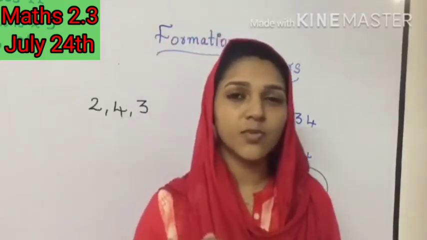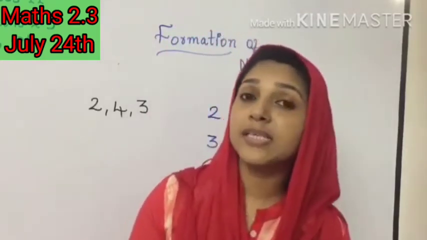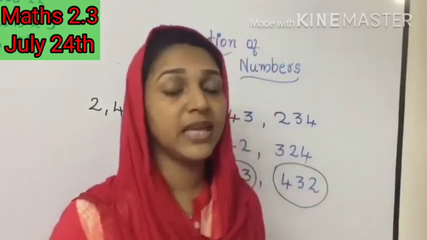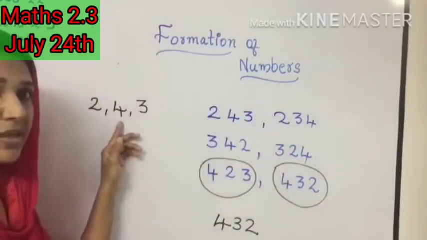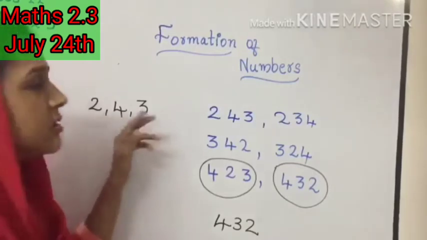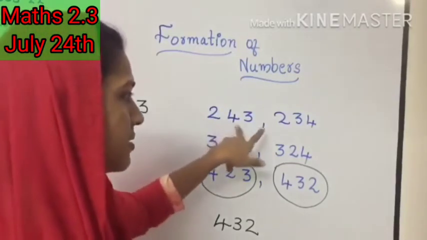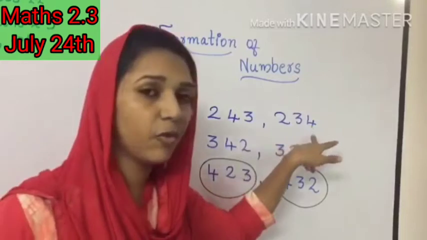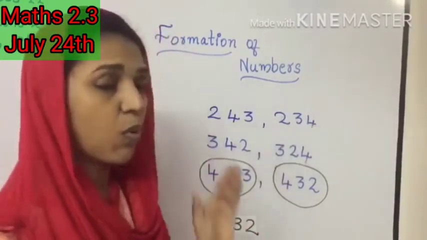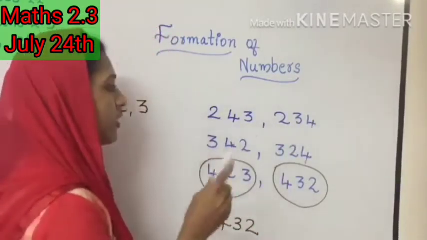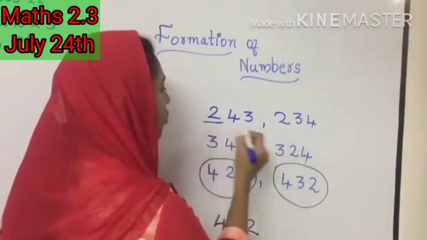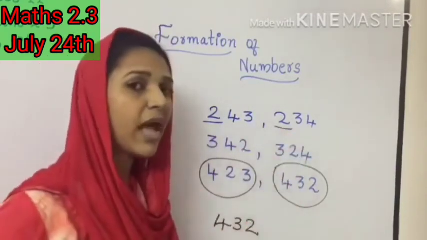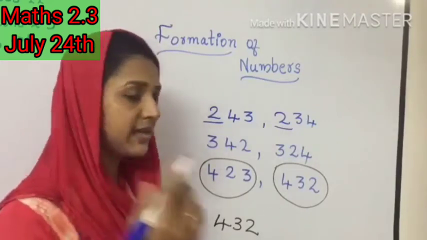Now, which is the smallest number? Smallest number will start with the smallest digit. Which is the smallest digit among these? Right? So, 243 is here. 234 is here. Which one is smallest? Here 2, here also 2. So, we have to check the tens place.